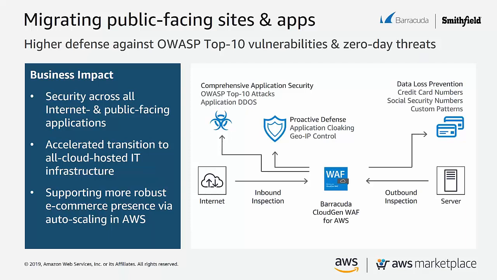It's Smithfield, who are one of the world's largest producers and processors of pork products, with facilities around the globe. So they're a multi-region global company, very forward-thinking in terms of IT, and again doing a migration of their infrastructure to AWS.